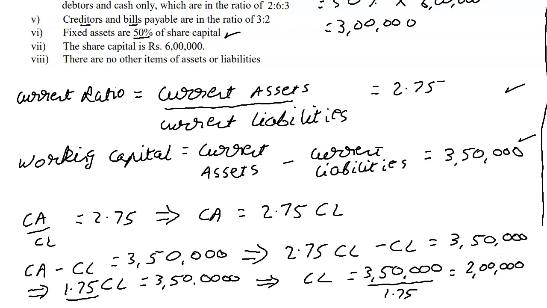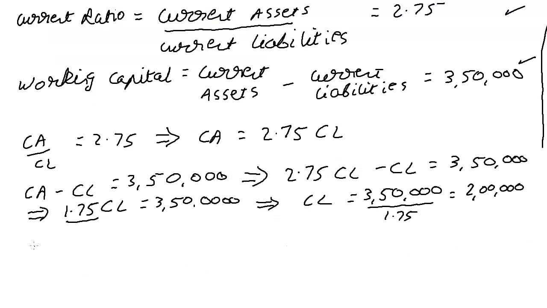Right, and now we need to solve for current assets, and we know that current assets minus current liabilities is equal to 3,50,000, and I can simply, in the place of current liabilities, put 2 lakhs.